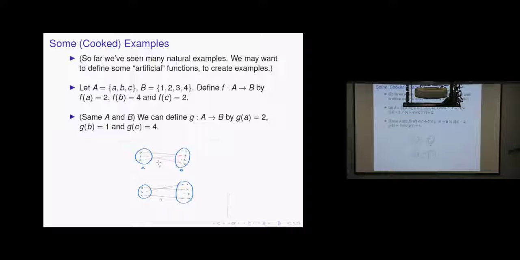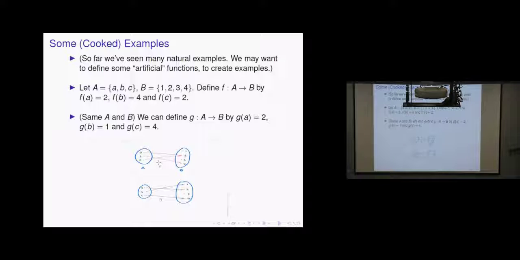Okay. So for example, we can define a function with some domain and some codomain, whatever we want to do, right? So we choose A to be {A, B, C}, B to be {1, 2, 3, 4}, and then I define a function f. We can do whatever we want to do.